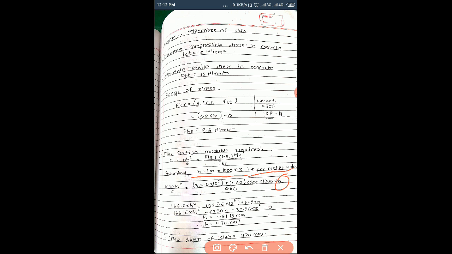Putting all these values we'll get one equation, which can be solved in the calculator using equation mode, and then we'll get the value of H as 470 mm.